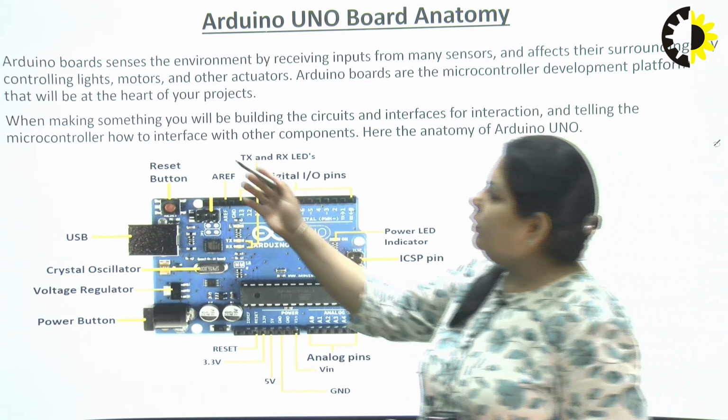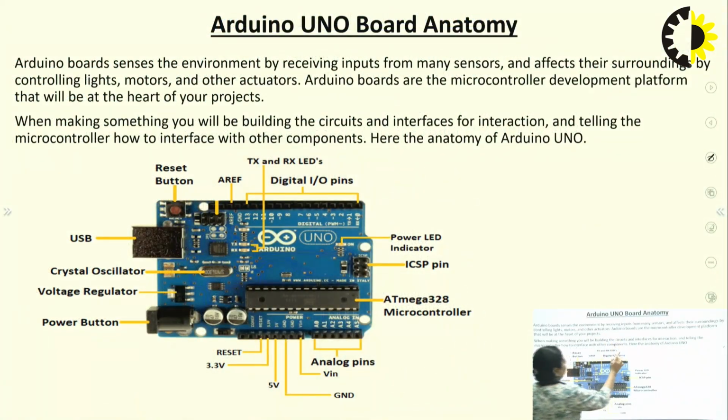The Arduino Uno board senses the environment by receiving input from many sensors and affects its surroundings by controlling lights, motors and other actuators. Actuators are machines or devices that take input from the sensor and work according to it. That means they give output according to the input they get from the sensor. They perform the actions.